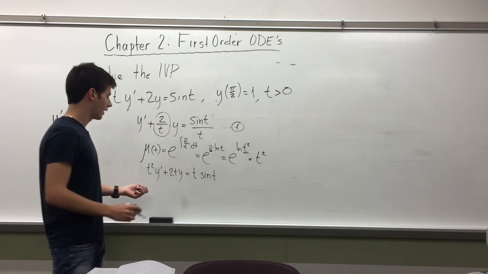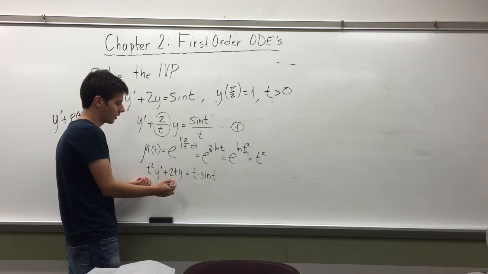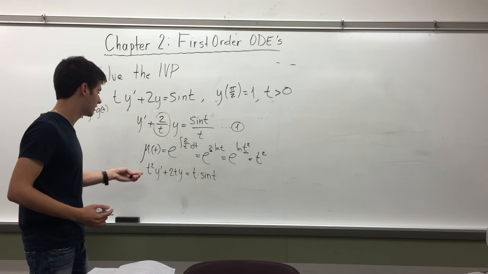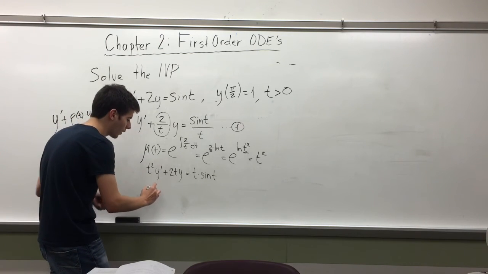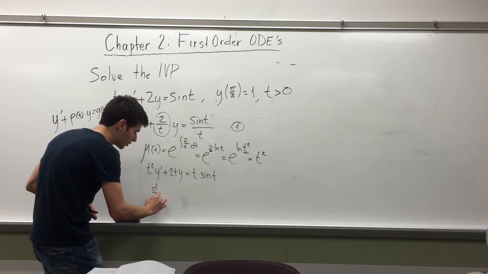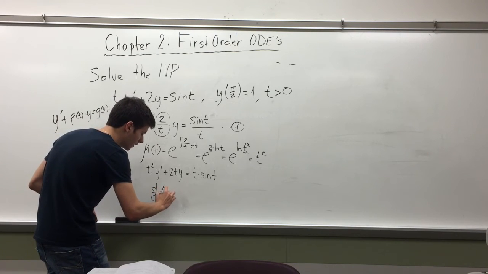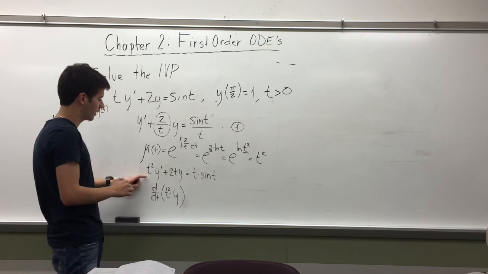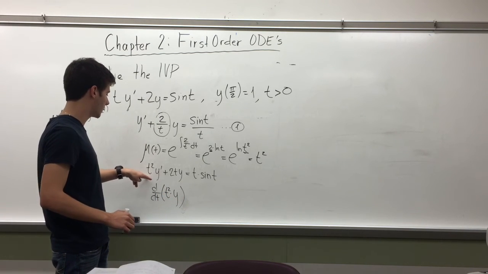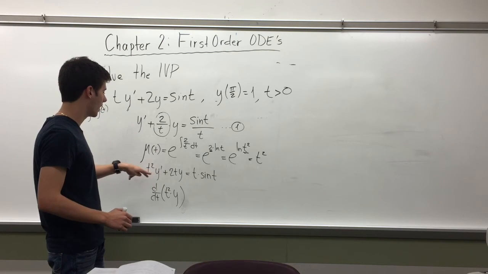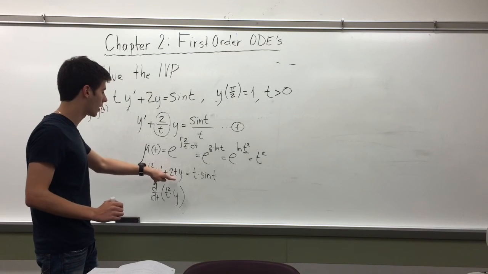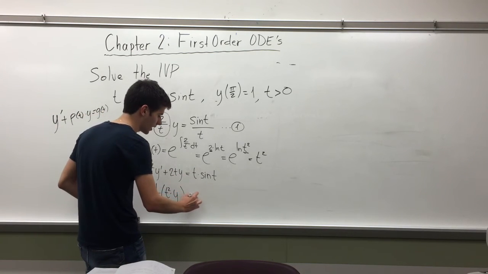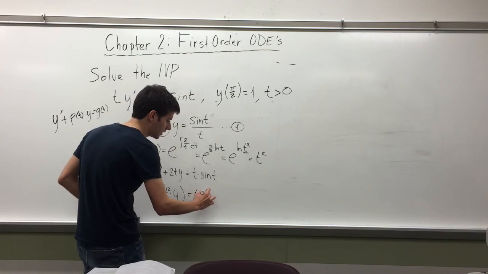You might be getting a little more comfortable with this. The left side is just a derivative. We can rewrite this as the derivative of t squared times y, because if we keep t squared and differentiate y, and differentiate t squared, we get 2t and keep the y. And our right-hand side is just the same, t sine of t.